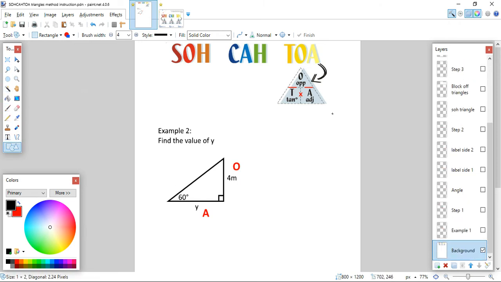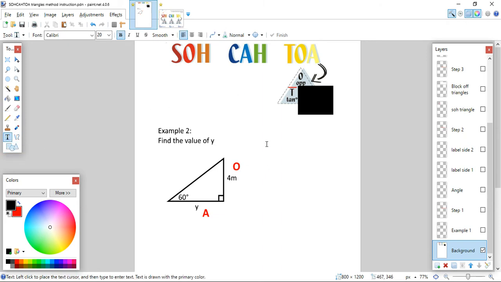So on my diagram here, I'm going to cover up the A, the adjacent, and you can see that we are left with O over T. So we're trying to find the adjacent side, and to do that, the calculation is going to be O over T, or O divided by T, same thing.